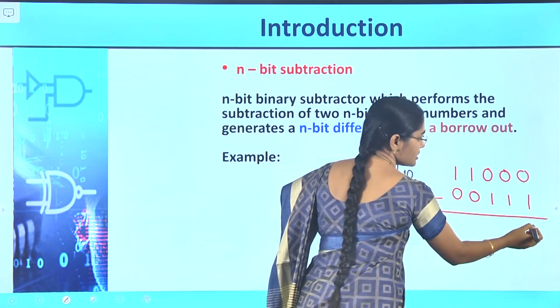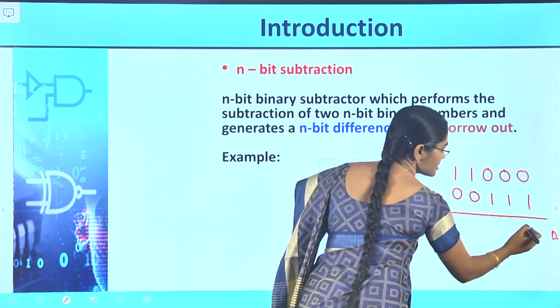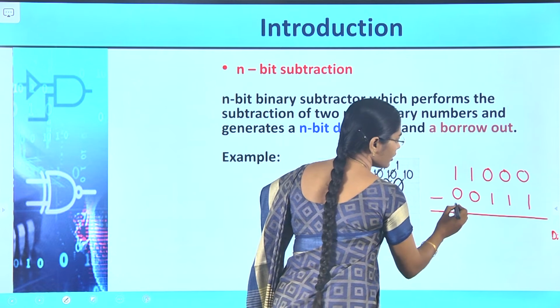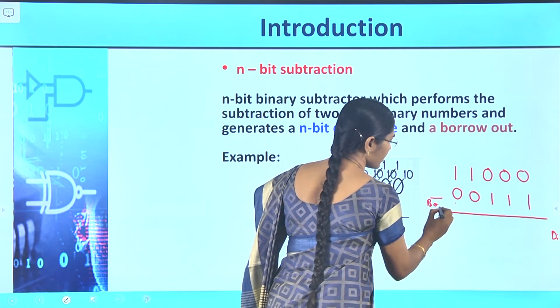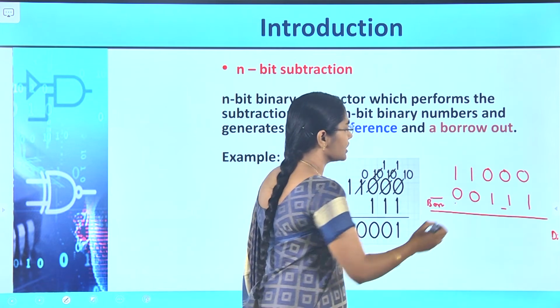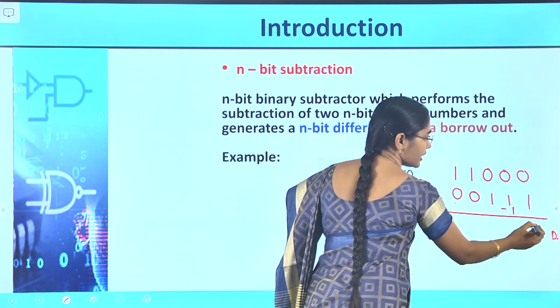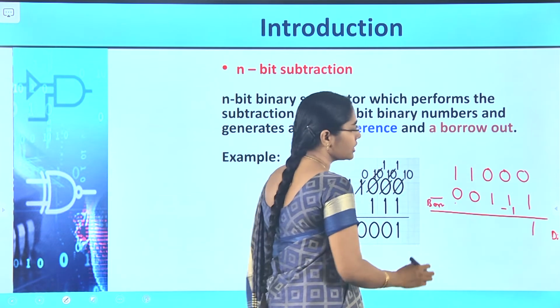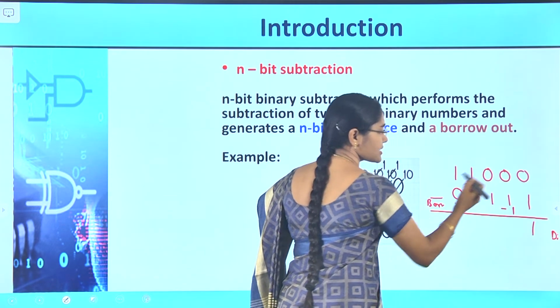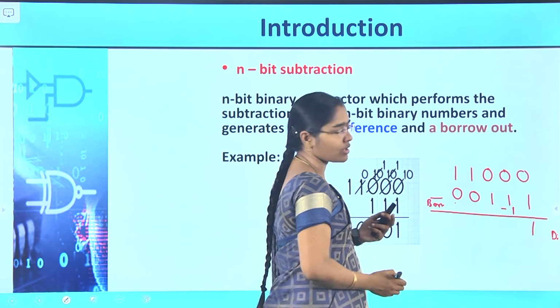0 minus 1 means, so I am writing differences here, and borrows, whenever borrow is required from the next stage, we are going to write borrows here. So 0 minus 1 is equal to borrow 1 is required and difference is 1. Then 0 minus 1 in the next stage, again difference is equal to 1 and borrow is equal to 1.